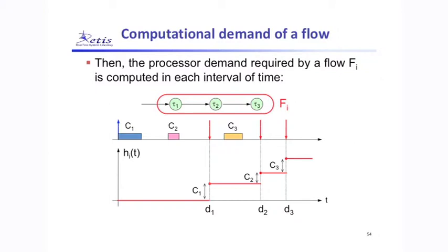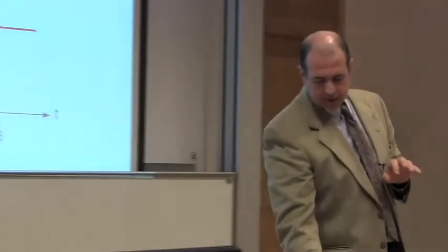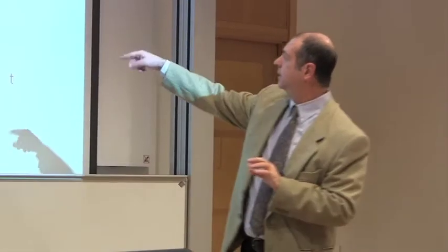So the idea is to derive the step function I mentioned before, the demand bound function, for each flow I decide to allocate. And then guarantee the entire flow depending on the fraction I use.